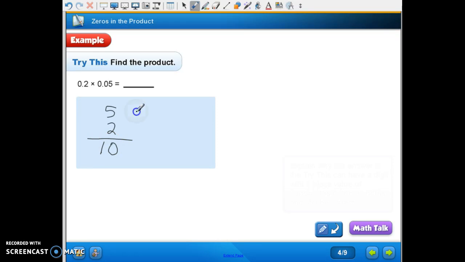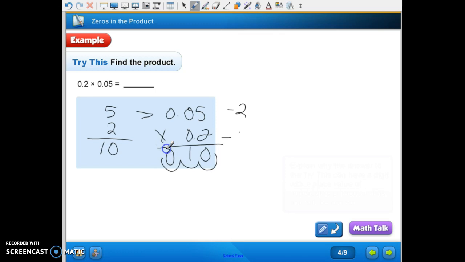So if we have 0.5 times 0.2, we would have 2 times 5 is 10. Carry a 1, we have a 1. We need 2 decimal places here and 1 here, so we have to go 1, 2, 3. So we have our decimal.